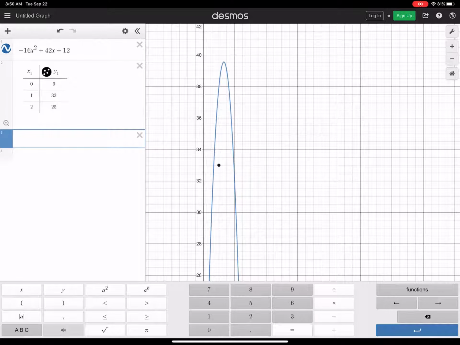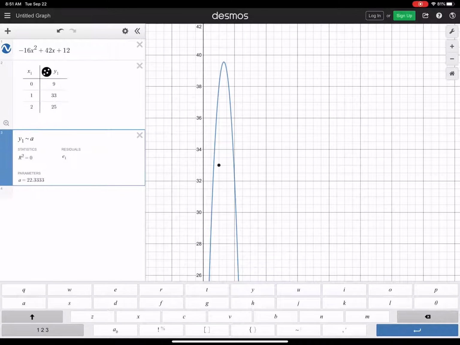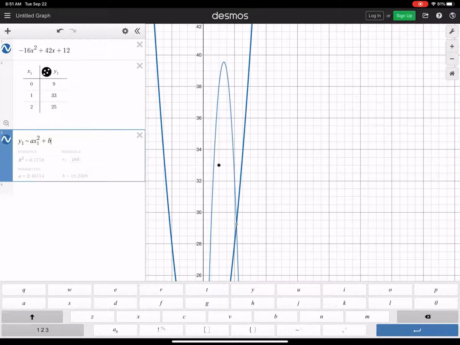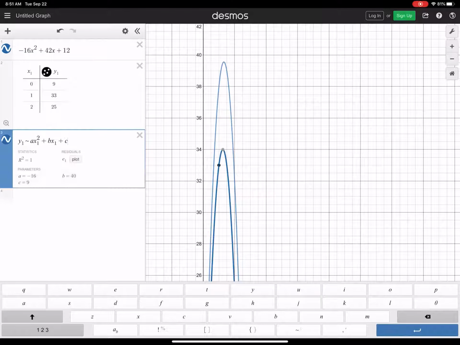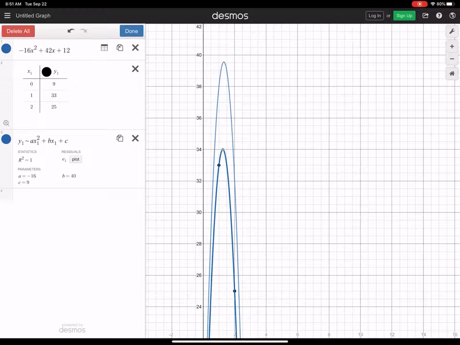So I've got y1 squiggly line equals ax1 squared plus bx1 plus c.